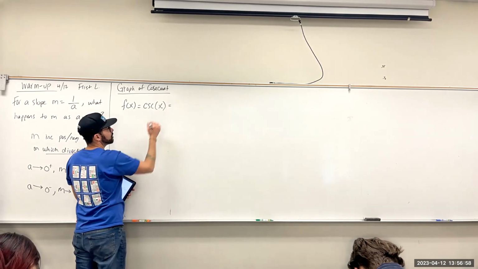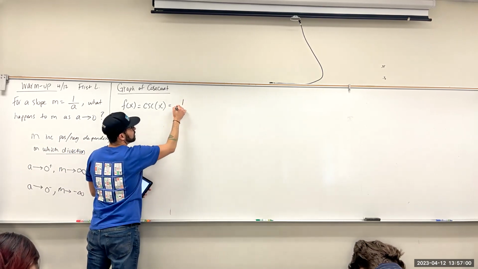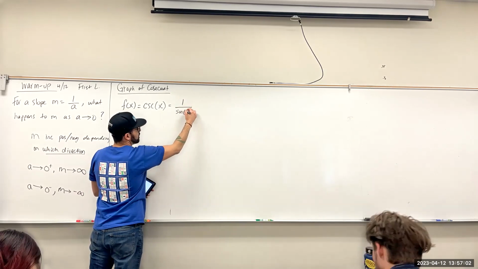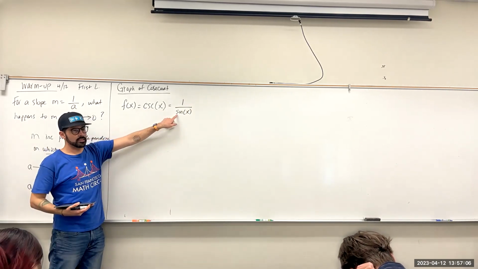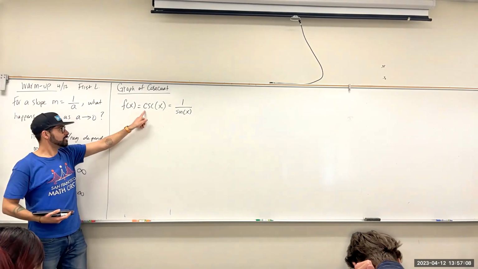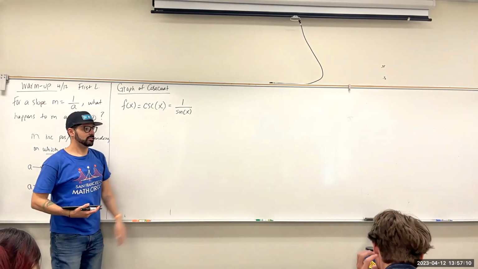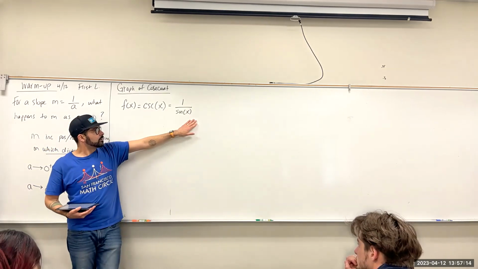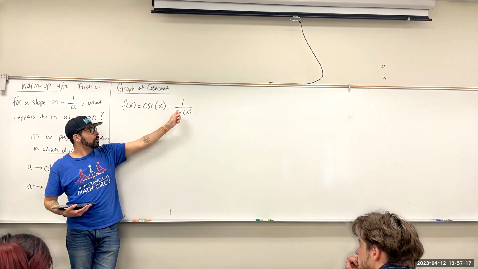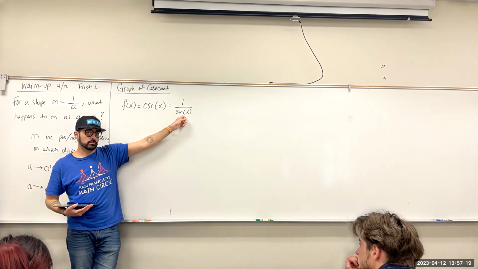Which we know is a reciprocal of sine. Remember, if it's C, it's the opposite, S. And with S, it's the opposite, it'll be C. Okay? So like what we did with tangent, we don't want our denominators to be 0.